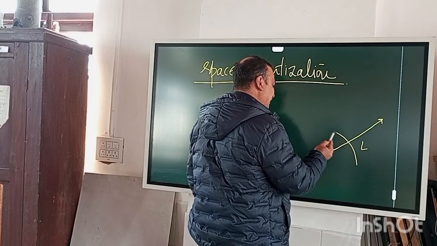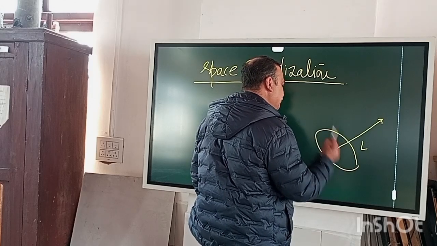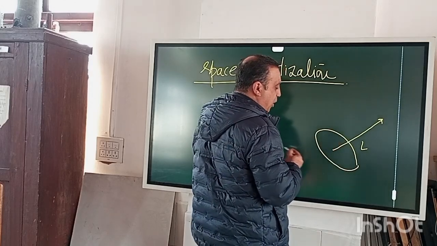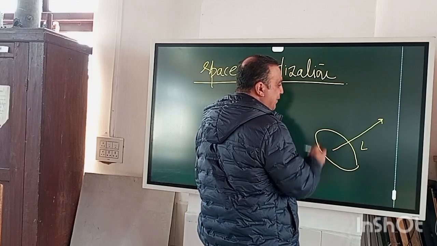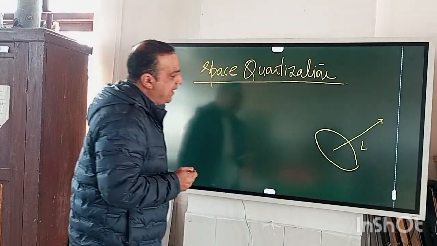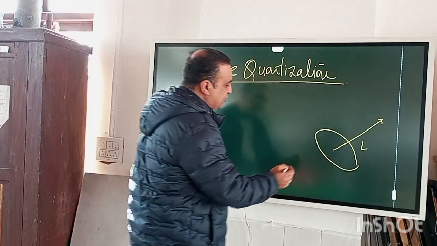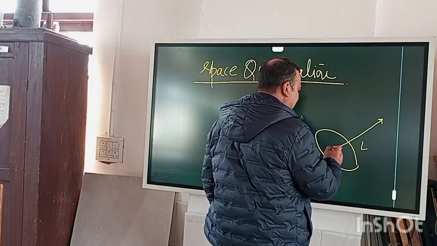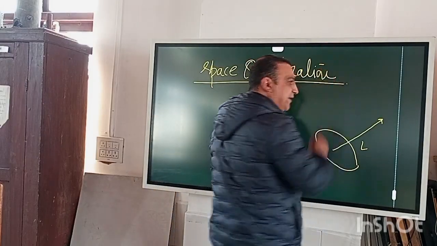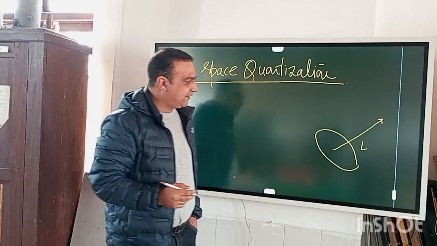and this angular momentum vector L is due to the motion of an electron. Say an electron is moving in the orbit, and we switch on a magnetic field in the Z direction.